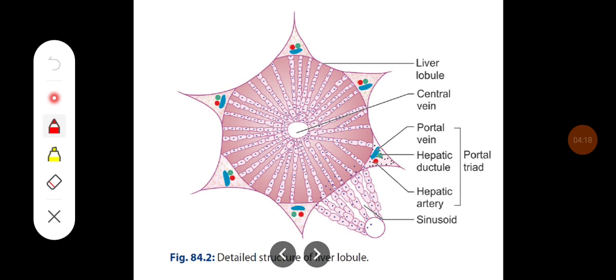This is another detailed structure showing liver lobule, made up of central vein and the portal triad, which is made up of portal vein, hepatic ductule, and hepatic artery. In between the hepatic cells, you can see the sinusoids.